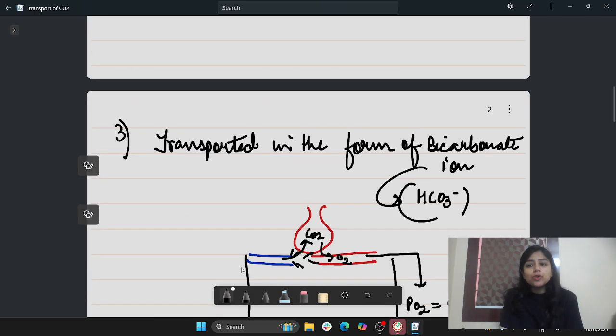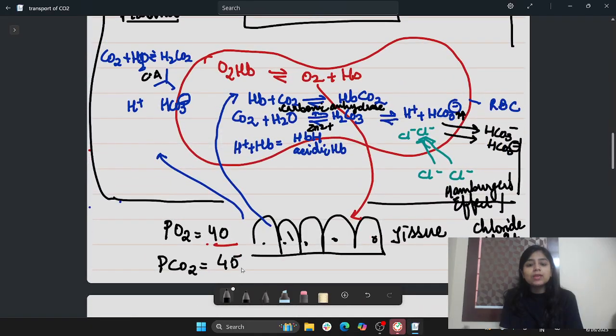Definitely, the chloride shift is taking place at the tissue site. You can see well enough that as the carbon dioxide is entering into the RBC at the site of the tissue, there is a formation of carbonic acid, and then the carbonic acid is getting converted into H+ as well as bicarbonate ions. That you can see well enough.